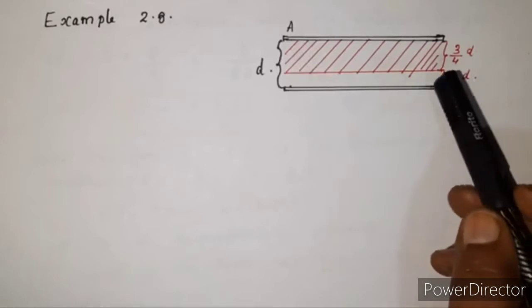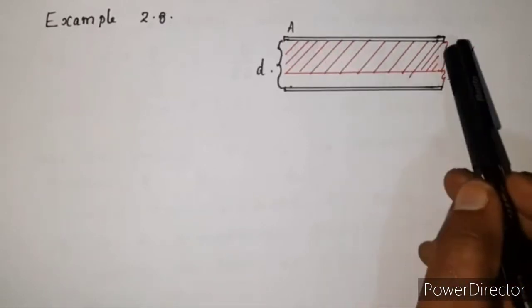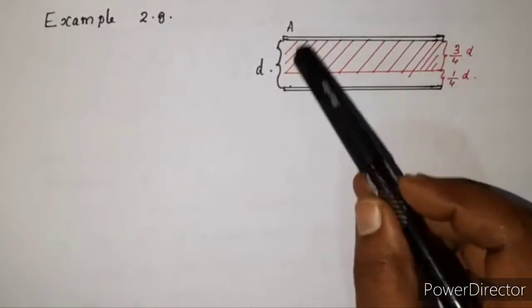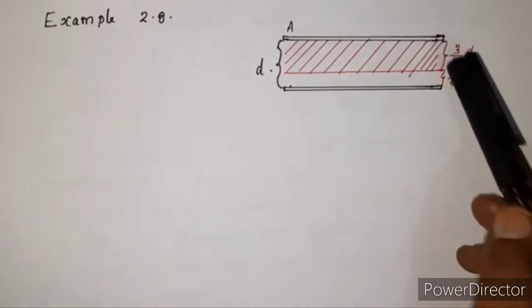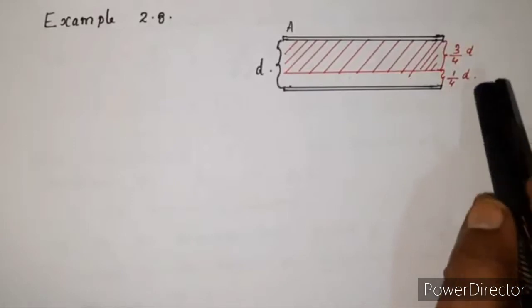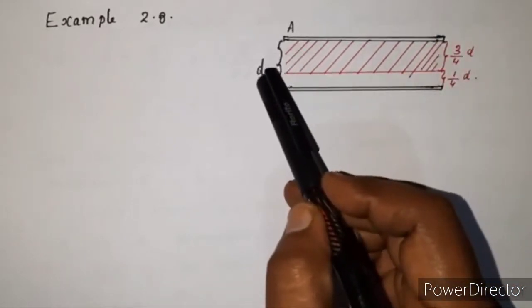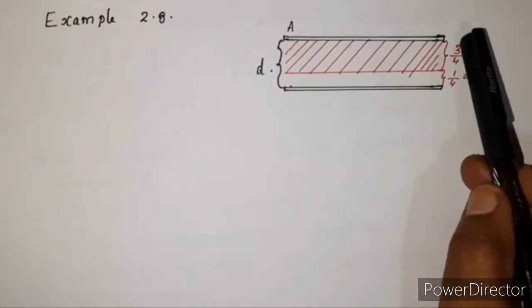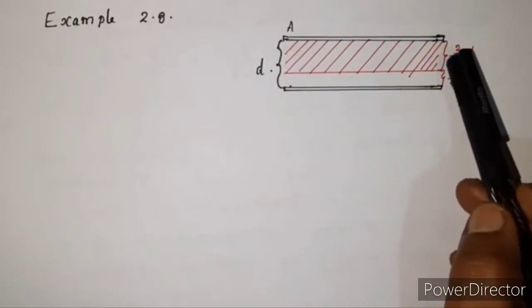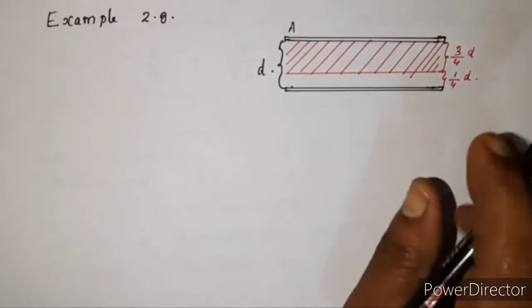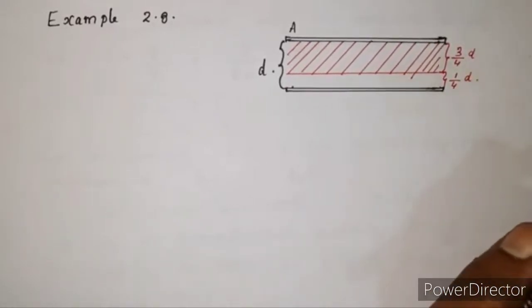It has the same area and only 3/4 of the separation is the thickness of this dielectric slab. So in the gap of separation D, you have 3/4 of that D filled with dielectric and 1/4 is free, that means free space.